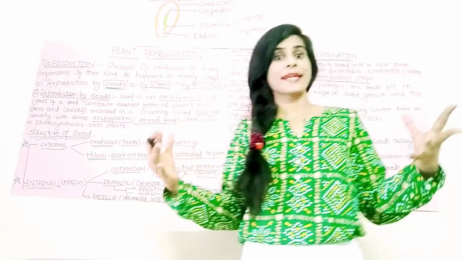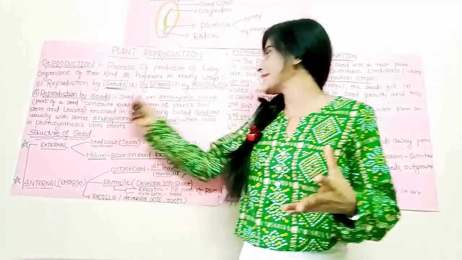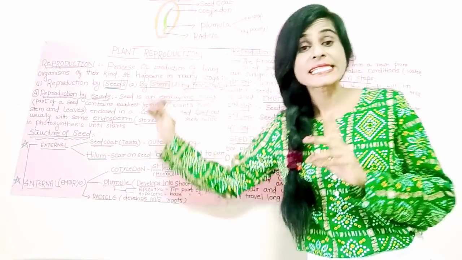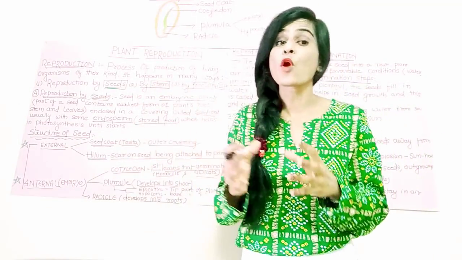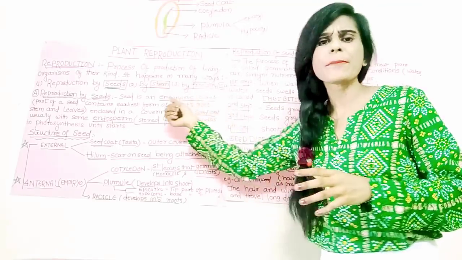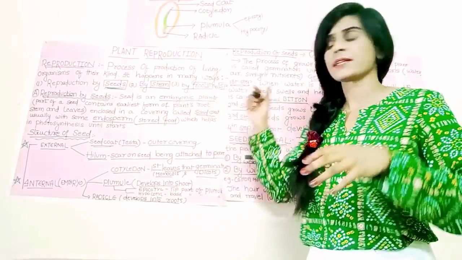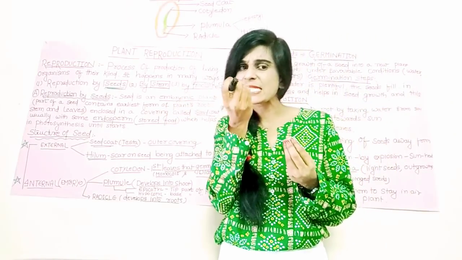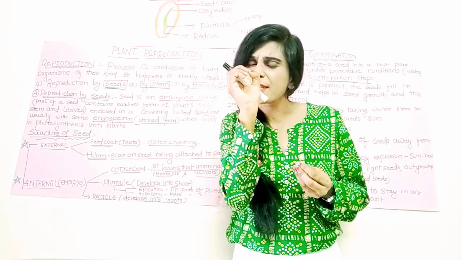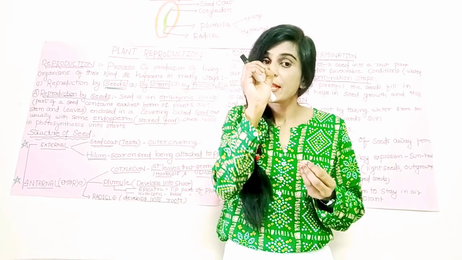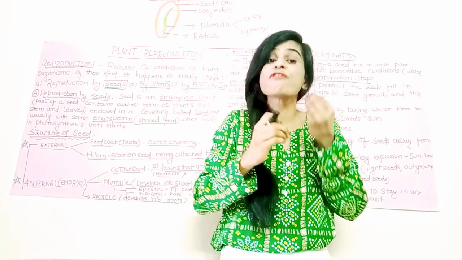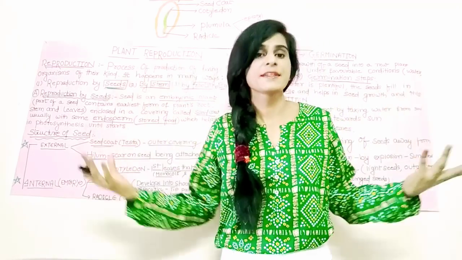How will you define a seed? A seed is actually an embryonic plant. What do we mean by embryonic plant? It means a small part, a small baby plant, which will further develop into root, stem and leaves.